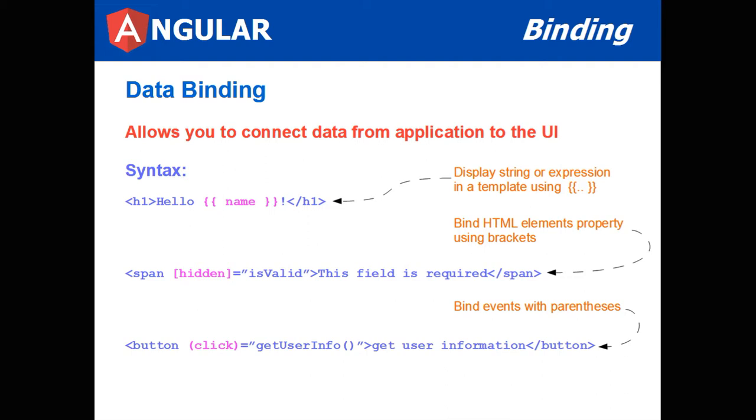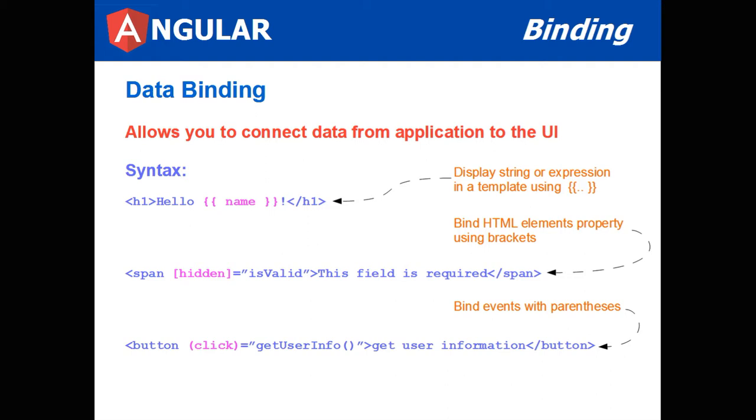For example, an H1 tag could render hello and the value of the name using the double curly brackets. The name is an attribute of the component, and as that changes, there's a one-way binding between the attribute and the value that this double curly bracket yields.